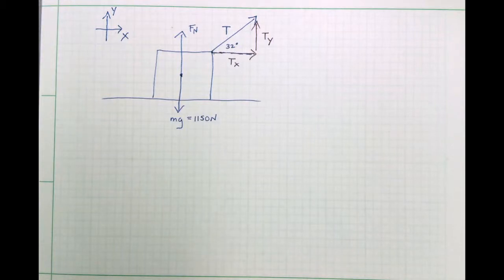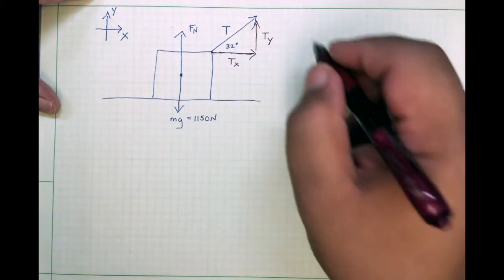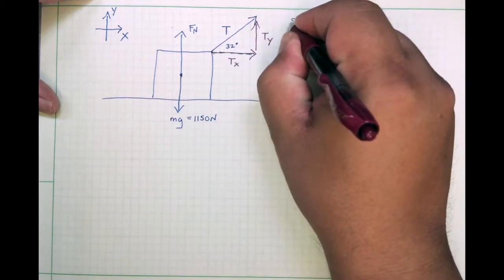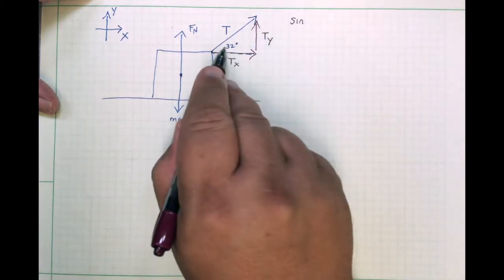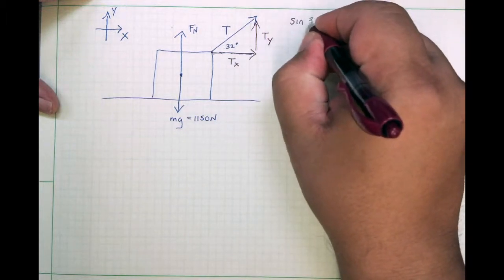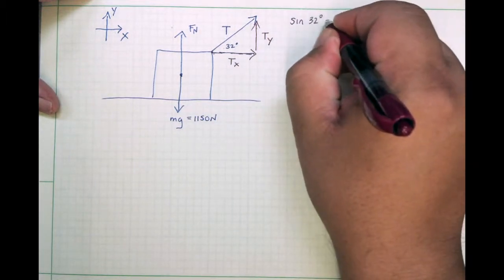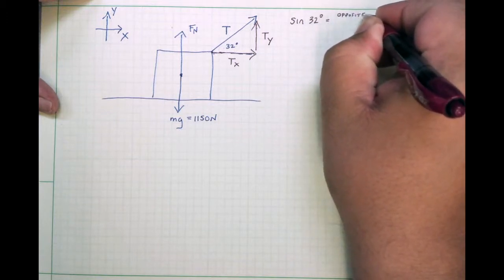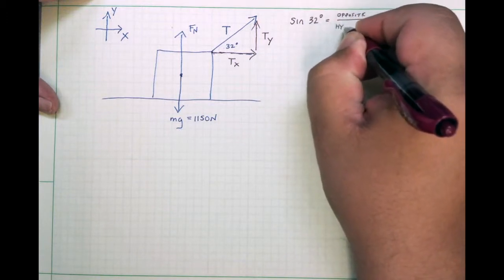Now we need to come up with formulas for those components using the trigonometric functions. We begin with the sine function. The angle is 32 degrees, and the formula for the sine function is opposite over hypotenuse.